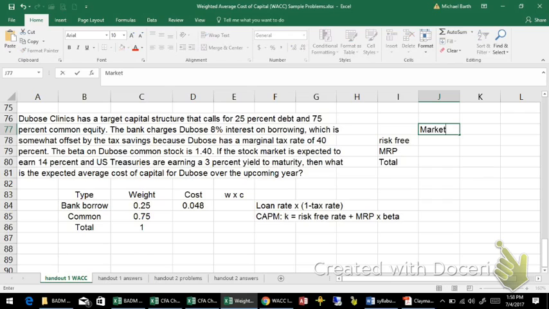So for the market, the risk-free rate given in the problem is 3%, and the risk premium, let's call this the risk-free and the risky part, the two add up to 14%. Okay, so if 14% is the total, it's 3% risk-free, and the other 11% is the risky part, and that's the market risk premium.